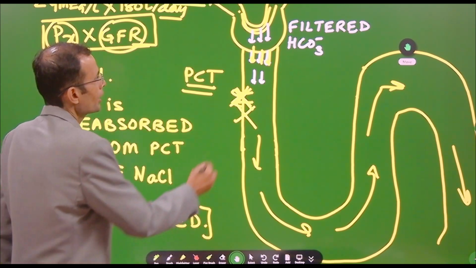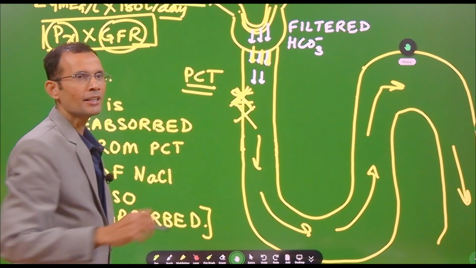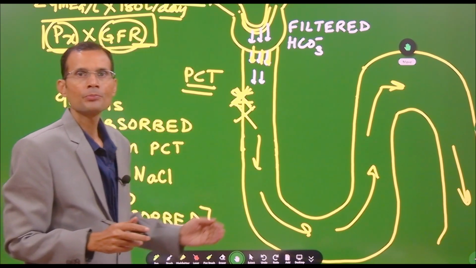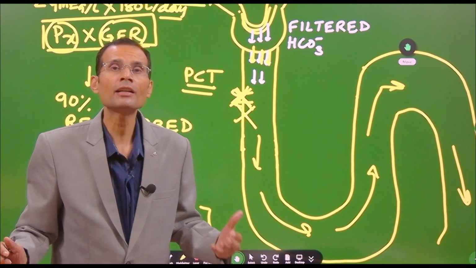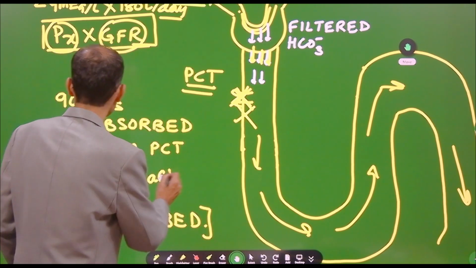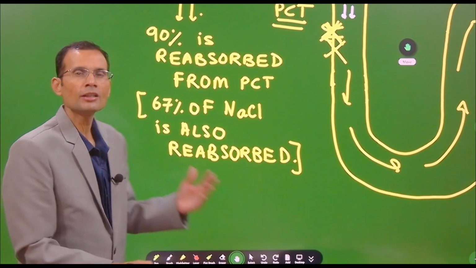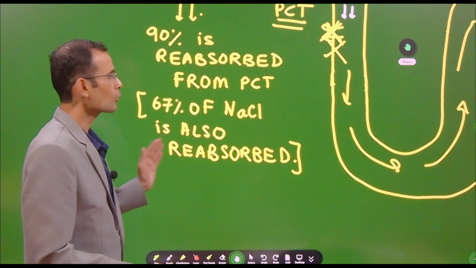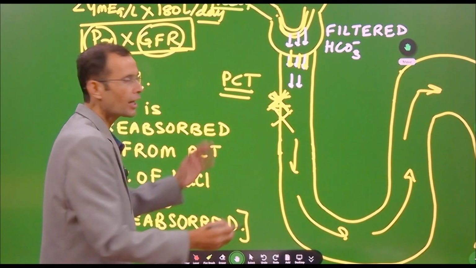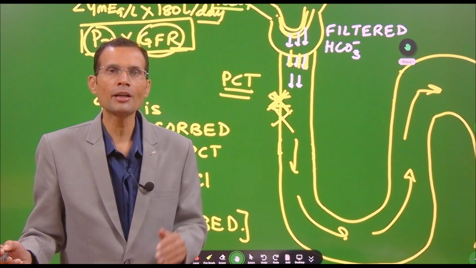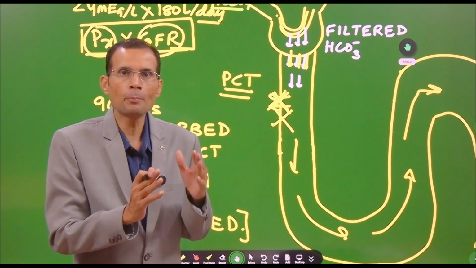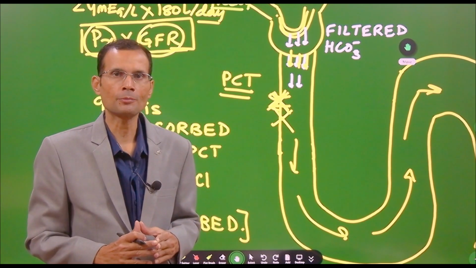From the PCT, almost 2/3 of the filtered sodium chloride and filtered water is reabsorbed. 67% or 2/3 of the filtered sodium chloride is reabsorbed from the PCT, and 90% of the bicarbonate or sodium bicarbonate is also reabsorbed from the PCT. So that's quite a bulk of reabsorption.